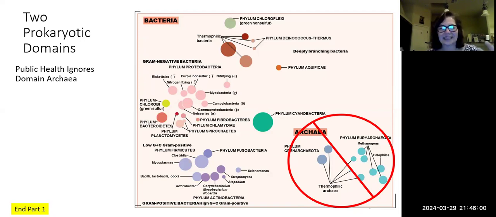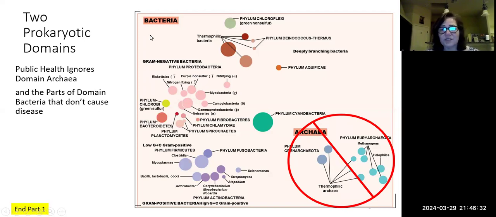I mean, insane environmental conditions that would kill bacteria and would certainly kill humans. There's not a single archaeon that causes a disease in humans because they don't generally hang out at 37 degrees centigrade or 98.6 degrees Fahrenheit. The neutral pH that we have is no good for them. So these are not anything that we pay attention to in public health.